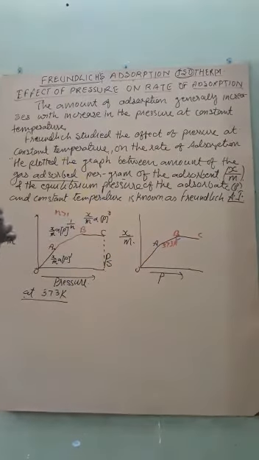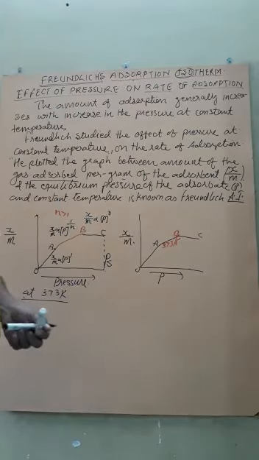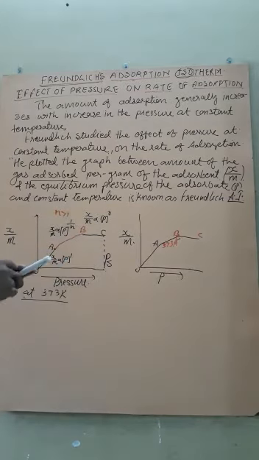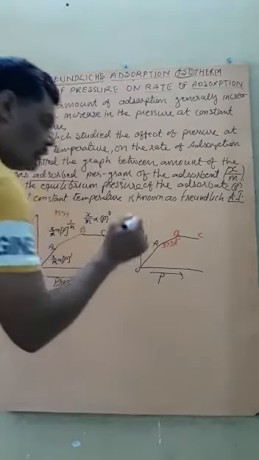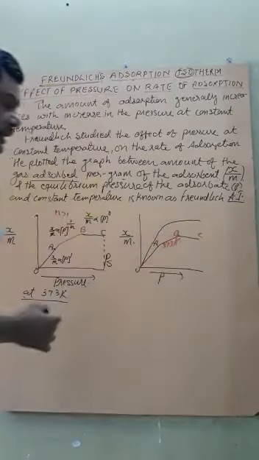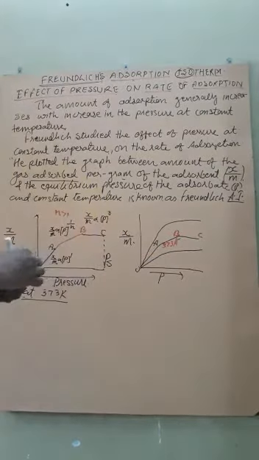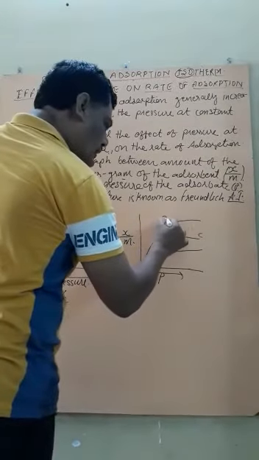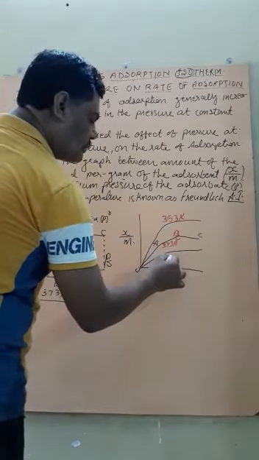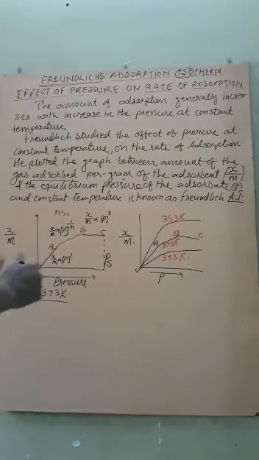You know that the rate of adsorption is inversely proportional to the temperature. That is, if there is low temperature, there will be more adsorption. That means if we decrease the temperature, we will get this graph, and if we increase the temperature, we will get this graph. So here you can see this is the decreased temperature, 353 Kelvin, and this is the increased temperature, 393 Kelvin. Are you getting?